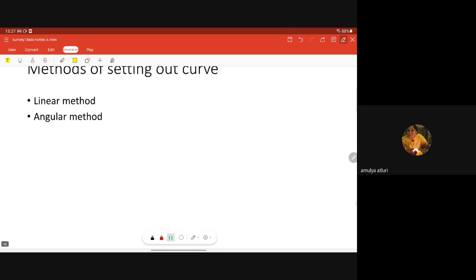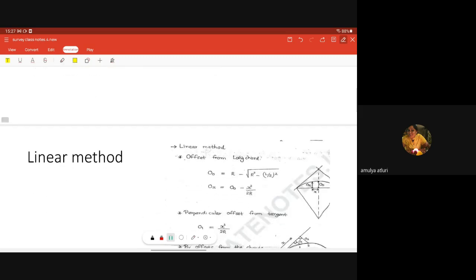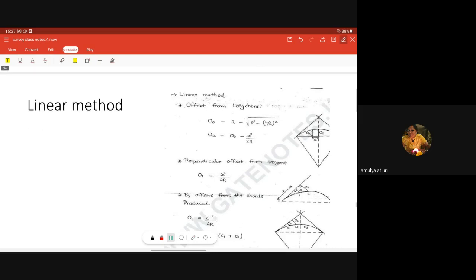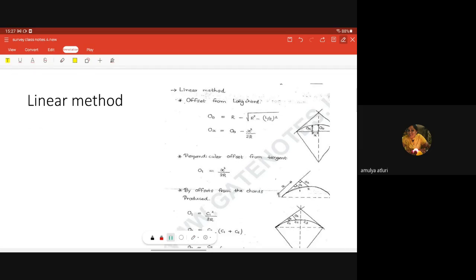There are two methods for setting out a curve: the linear method and the angular method. What is the linear method?